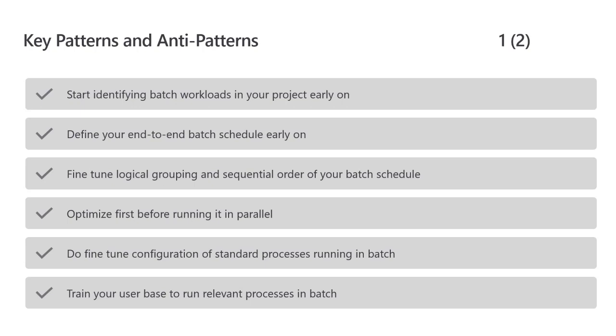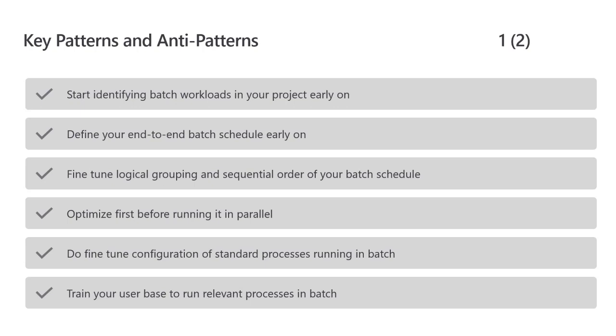You want to watch out for possible conflicts of heavy batch and interactive usage of your solution. Depending on your global scale of that solution, that's an important aspect. You want to understand when interactive use cases and workloads are hitting that environment and what kind of batch workloads are potentially in conflict with it.